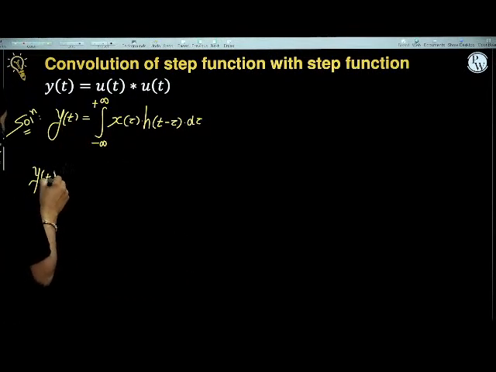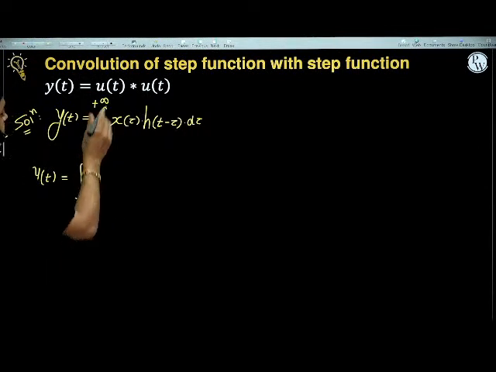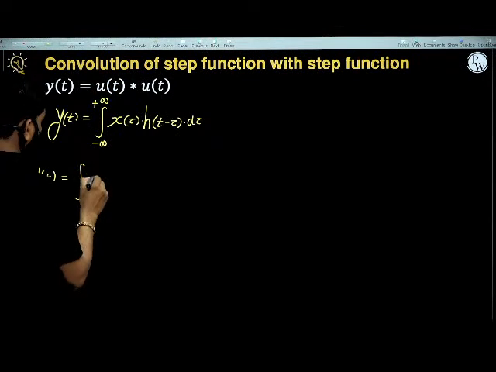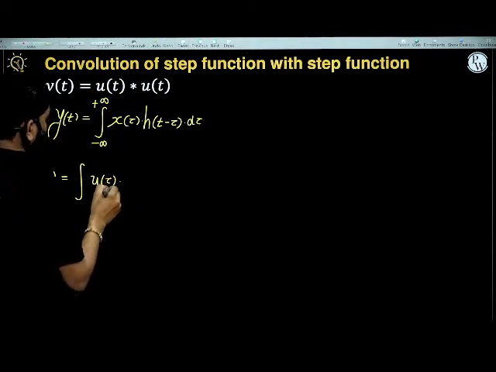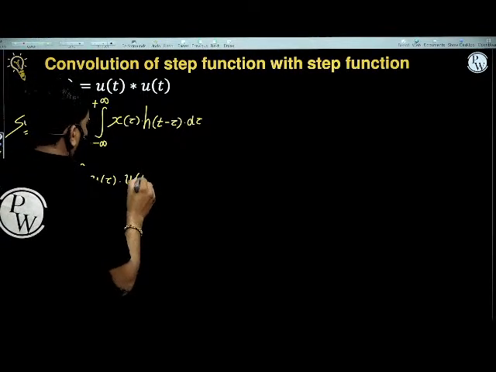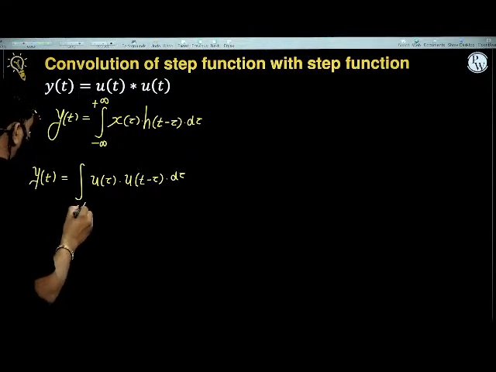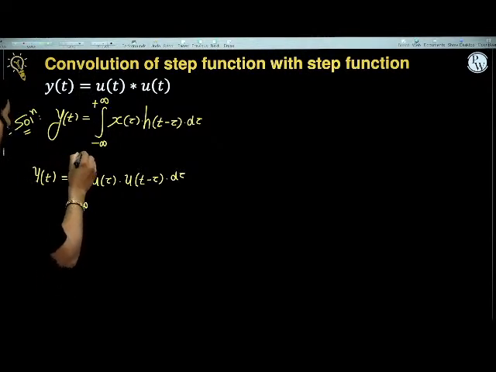So y of t is equal to integration of x of tau. Let us consider this is the x of t signal, so it will be u of tau. And let us consider this is the h of t signal, so it will be u of t minus tau d tau, from minus infinity to plus infinity.